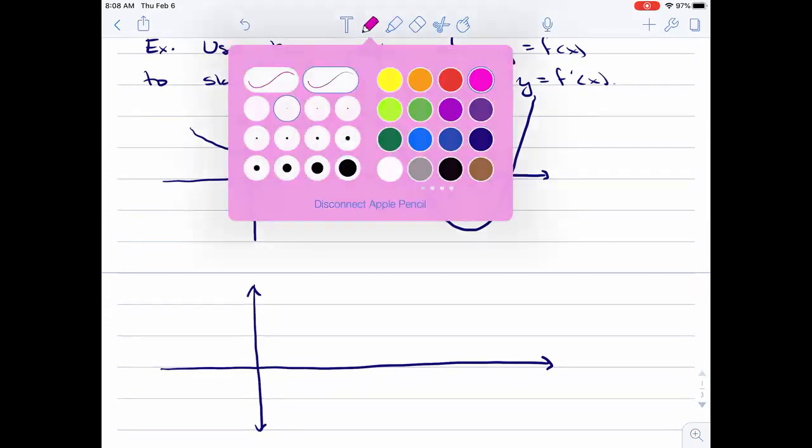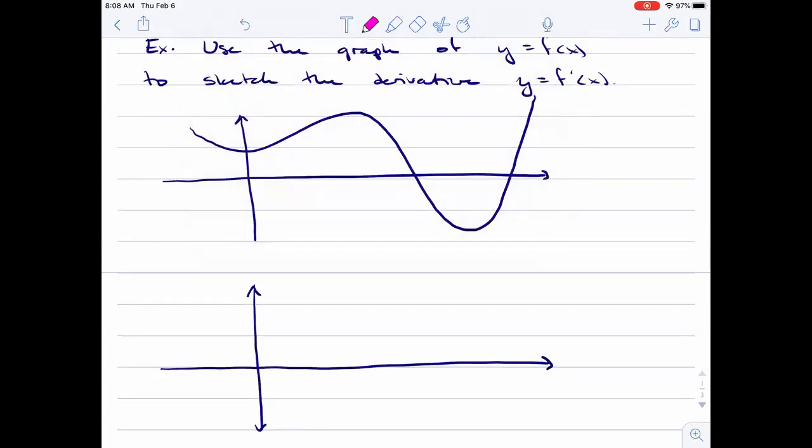So first thing we're going to do is figure out where the slope of this thing is going to be 0. So that's at all these points where we've got either a maximum or a minimum. And that's going to help us out, because here, f prime of x equals 0. The slope of the tangent line at all these points is 0.